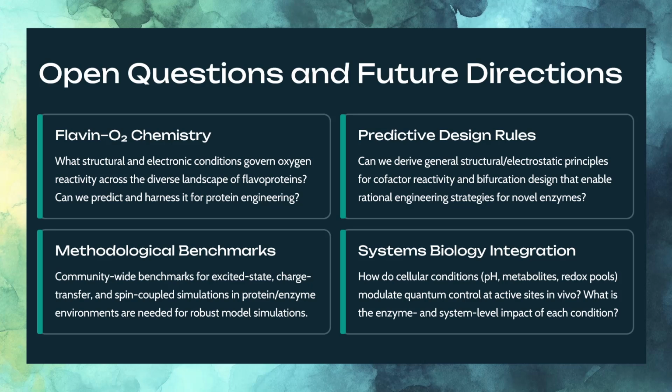What are the enzyme and system level impacts of each of the various physiological conditions? And I think these questions really are still just a tip of the iceberg, scratching the surface of the kind of deep questions that we can begin to ask about the inner workings of life itself.